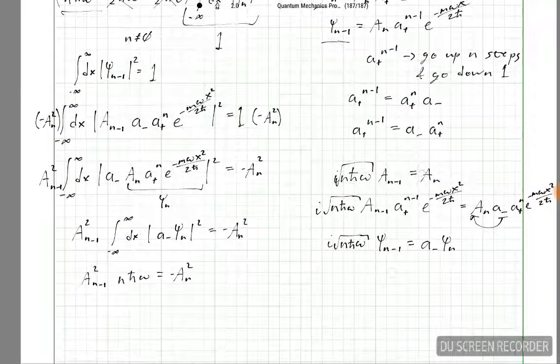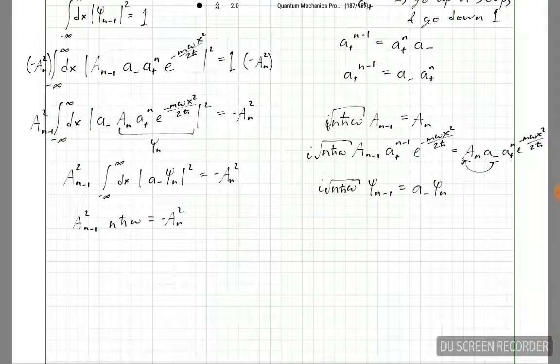So for part A, what we showed was the scaling factor between raising up a state and going down a state.